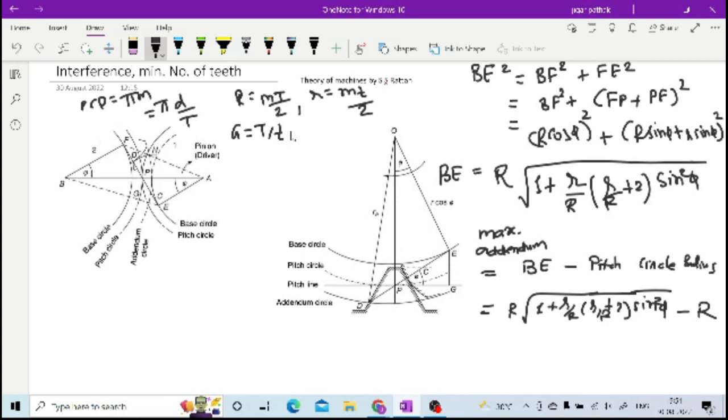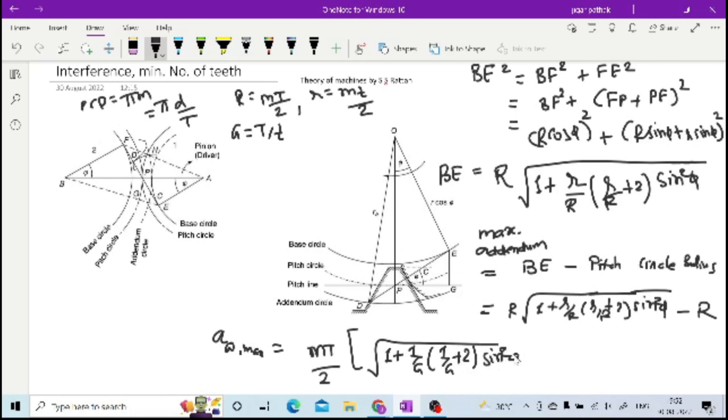Once you put all these values in this equation for maximum addendum, you will find that the maximum addendum comes as mT by 2, in bracket, square root of 1 plus 1 by G times (1 by G plus 2 sine square phi), minus 1. So this is how you have your maximum addendum.